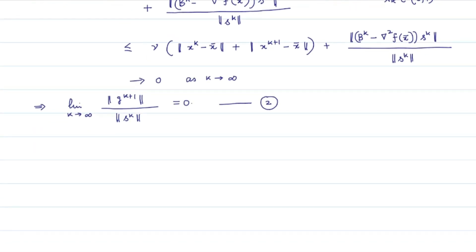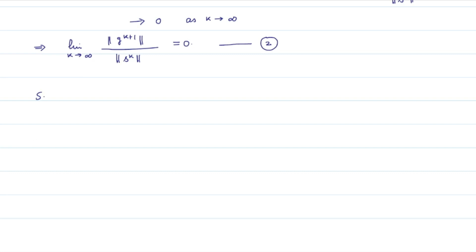Now we notice that in the statement of the theorem we have assumed that the Hessian matrix at x bar is symmetric and positive definite, and also as the function is twice continuously differentiable, this Hessian is symmetric and it is continuous inside the set capital D in which the function is assumed to be twice continuously differentiable. So this Hessian is symmetric and continuous on the set D that contains the vector x bar.